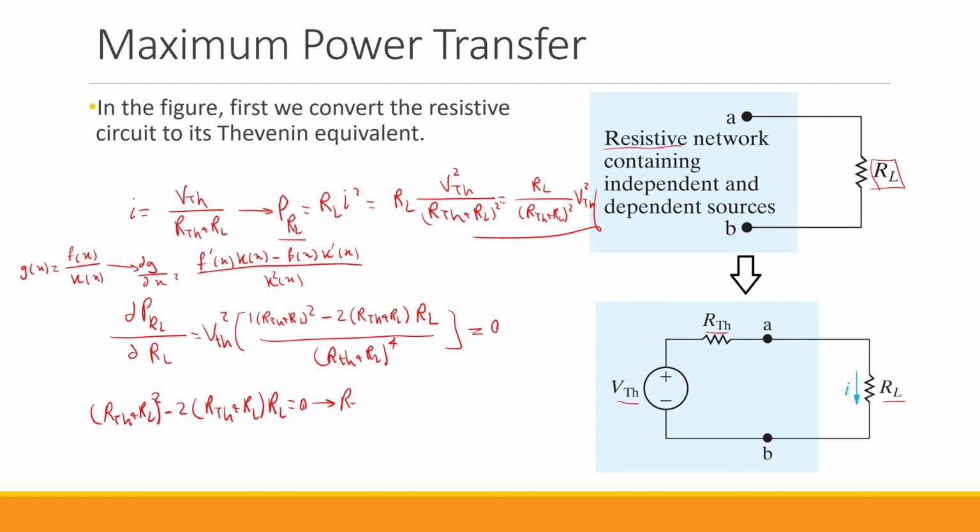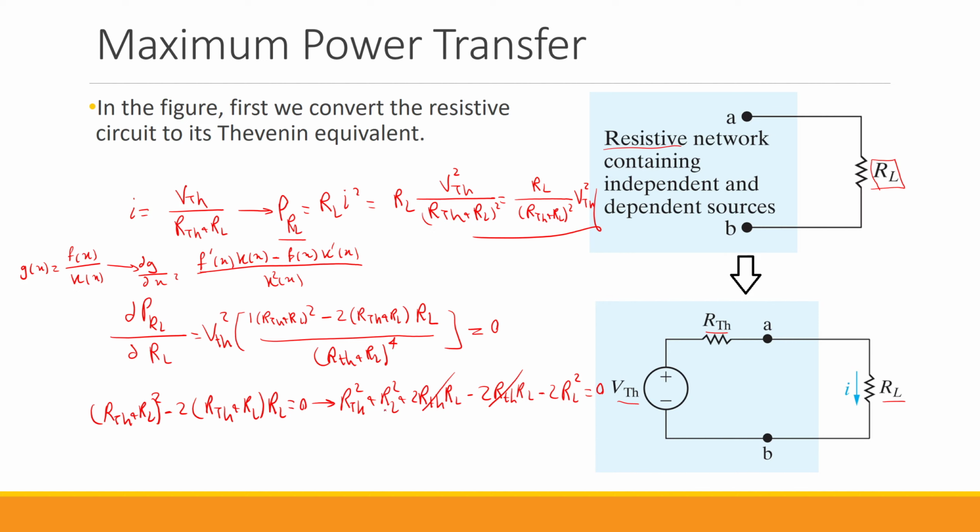This is going to be the RTH squared plus RL squared plus 2 RTH RL minus 2 RTH RL minus 2 RL squared equals 0. So as you can see, this and this are equal with opposite signs, so they cancel each other out.